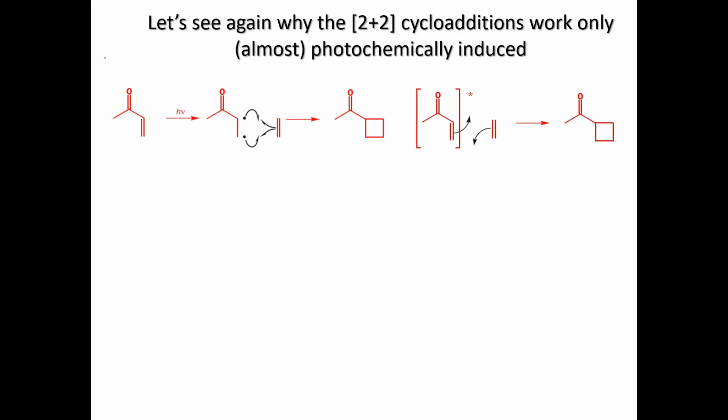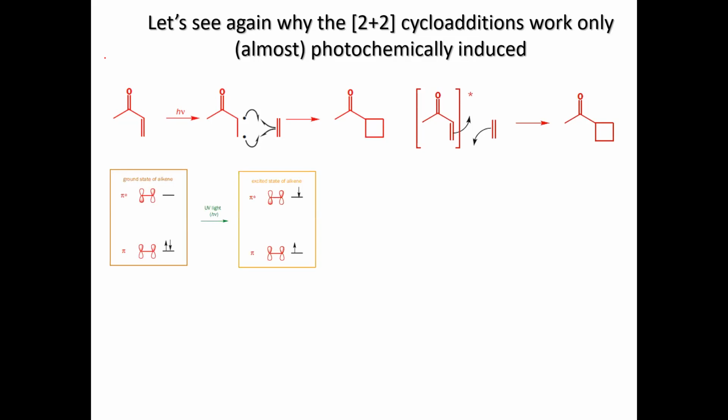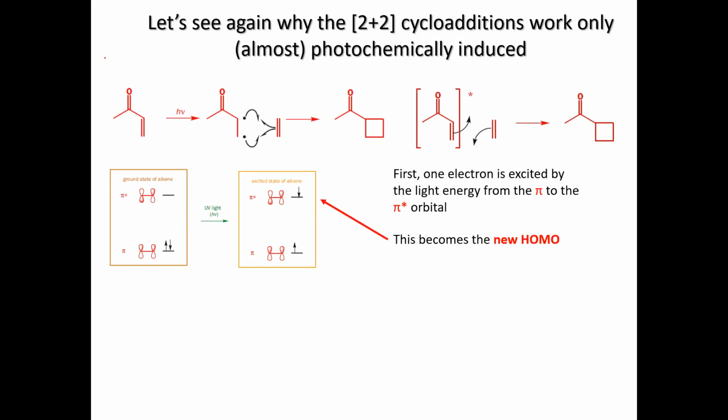So one of them, the one which has the most compatible LUMO, actually one of the electrons gets promoted into the pi-star orbital, which in the one that is photochemically excited eventually becomes your new HOMO, the highest occupied molecular orbital. The same way, exactly the same way as we have seen on the electrocyclic additions on the first lecture, okay?